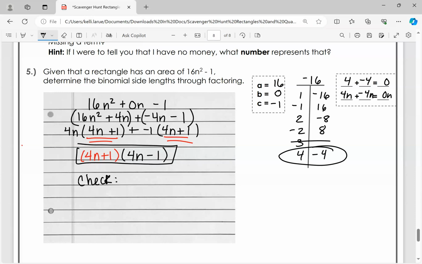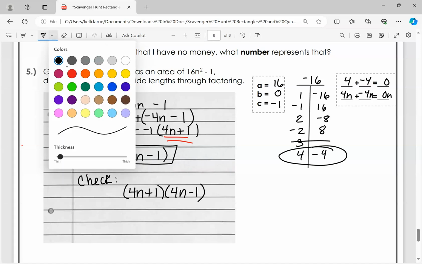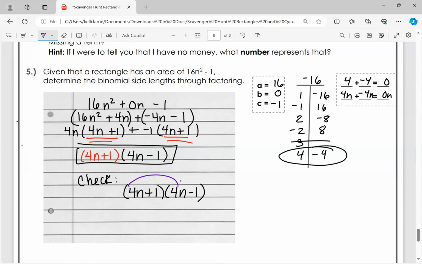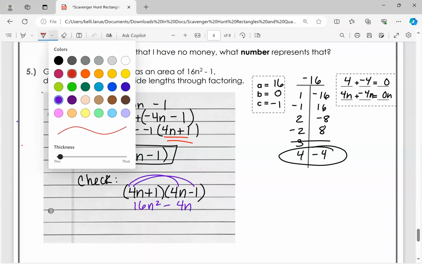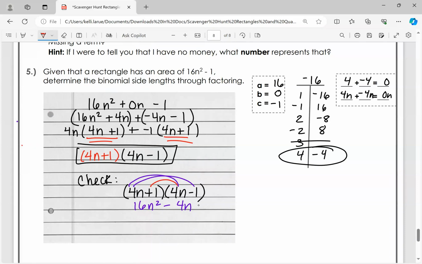Okay, so this is my answer, but again, I am expecting you to now check your work. So we're going to take our solution, and we're going to multiply those binomial factors together. So 4n times 4n is 16n squared. 4n times negative 1 is negative 4n. Positive 1 times 4n is positive 4n, and positive 1 times negative 1 is negative 1.